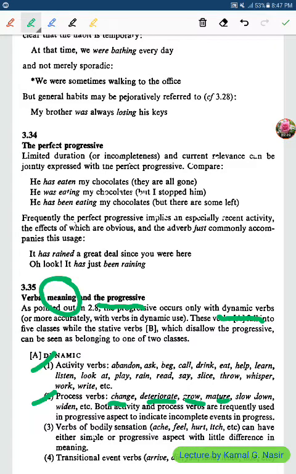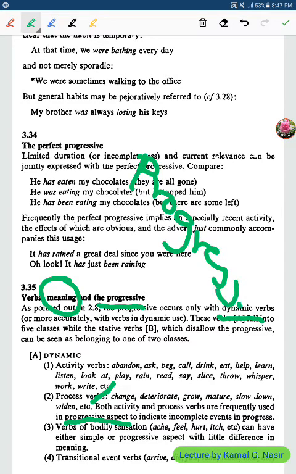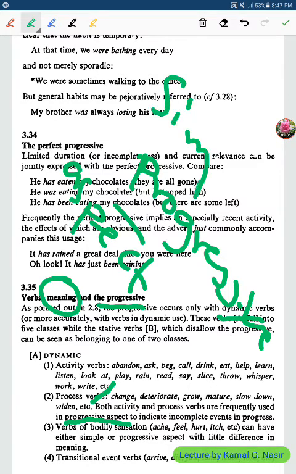Both activity and process verbs are frequently used in a progressive aspect. You remember that the progressive is an aspect. What are the other aspects? They are the simple and the perfect.